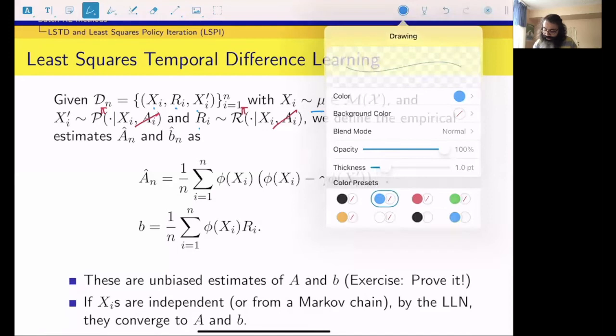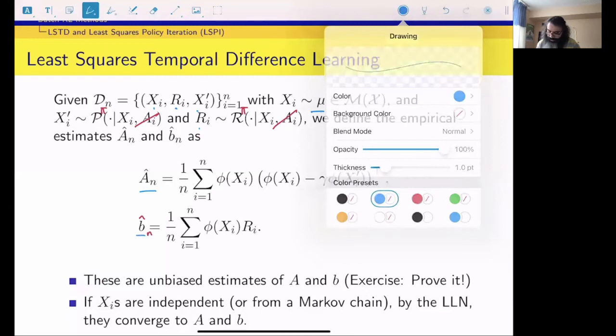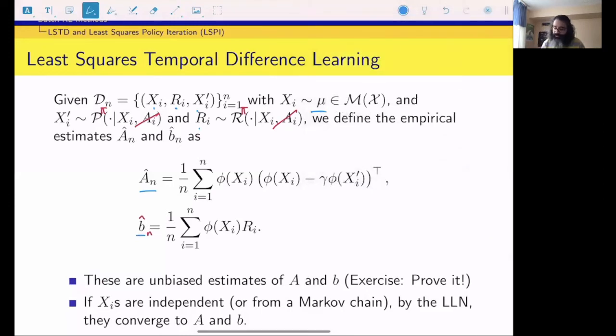Then we can define empirical estimates of A and B. We call them A hat n and B hat n. A hat n would be essentially the summation of 1 over n of phi of x_i times phi of x_i minus gamma phi of x_i prime, this whole thing transposed.